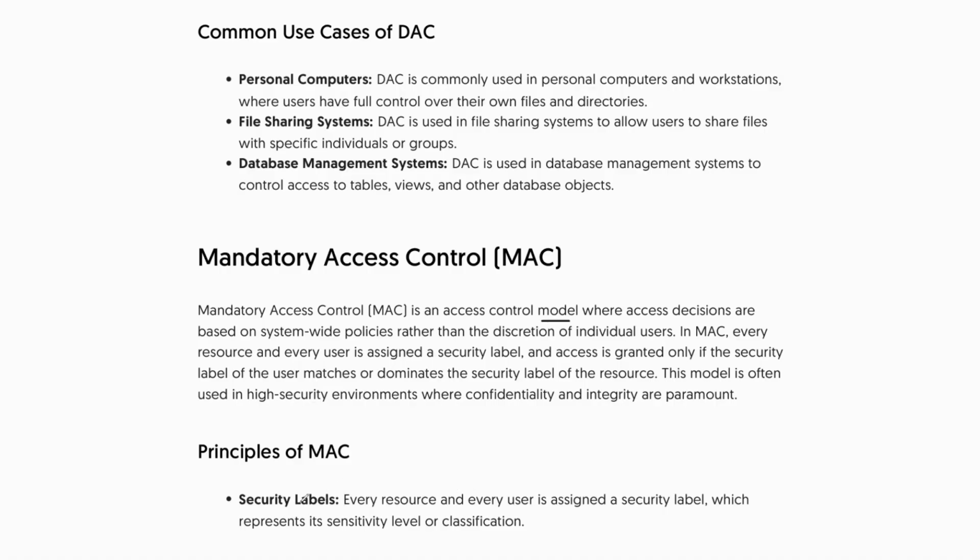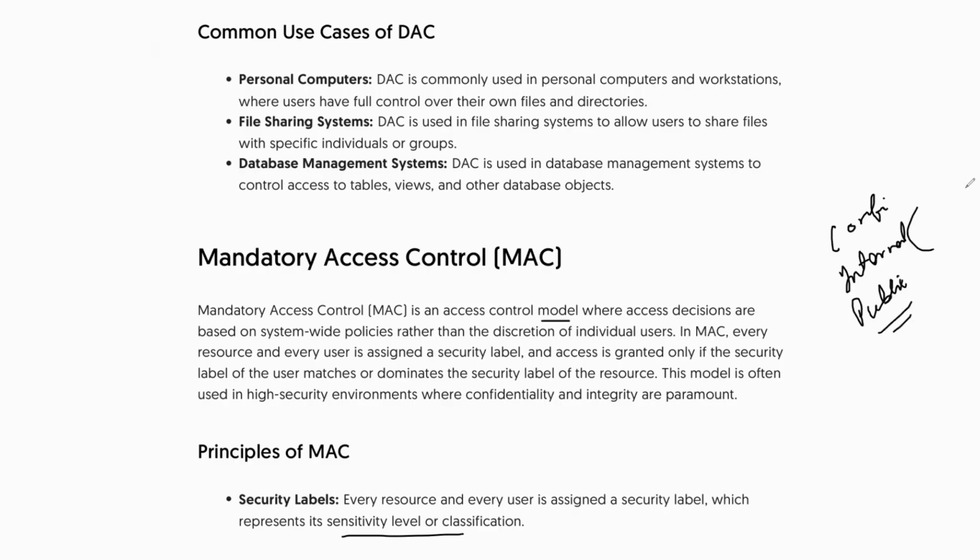First, security labels. Every resource and every user is assigned a security label which represents its sensitivity. Sometimes you'll be sending an email or receiving a document which is marked confidential, so definitely a certain labeling is done. You have confidential, internal, and public. Public means anyone is able to have that access.